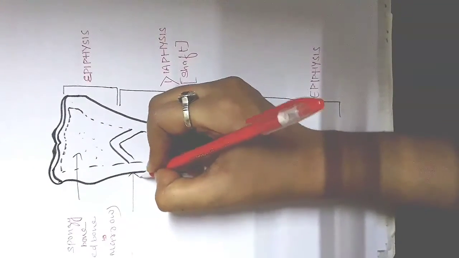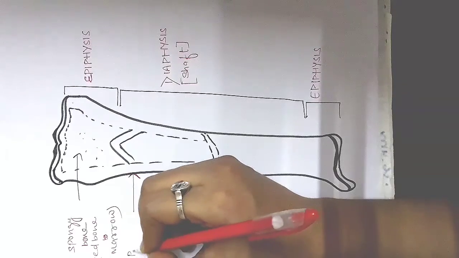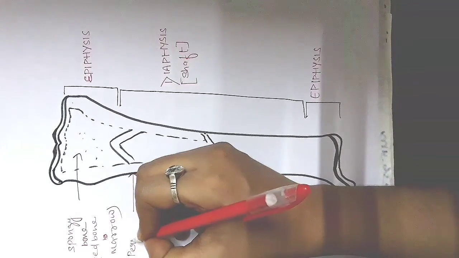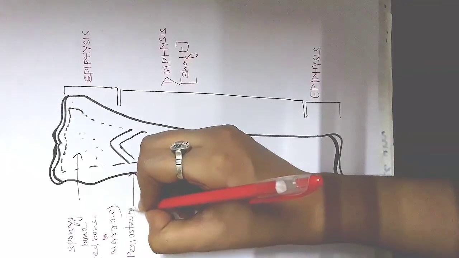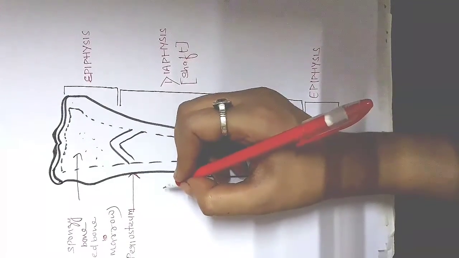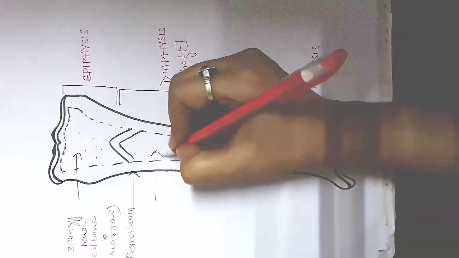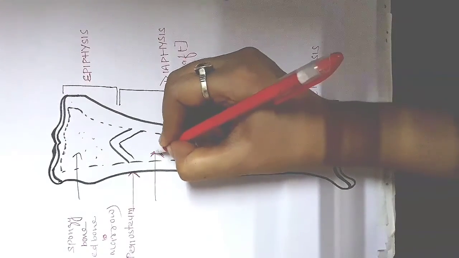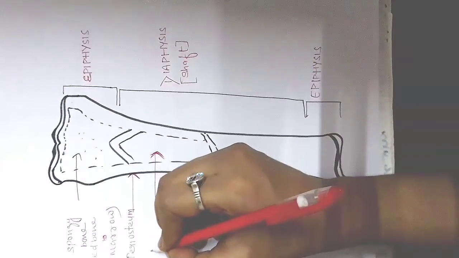The outer part of the bone is called the periosteum. And here, this part is called the medullary canal.